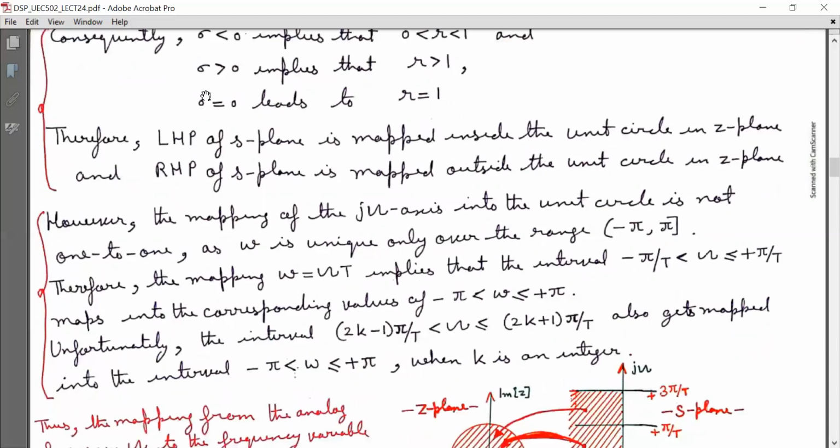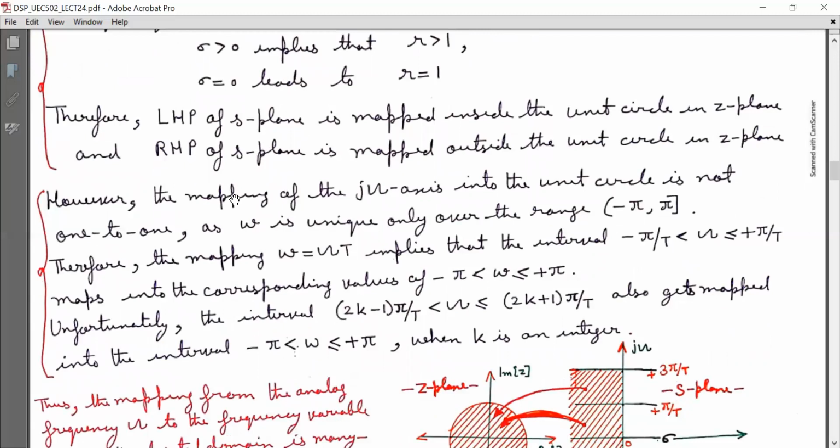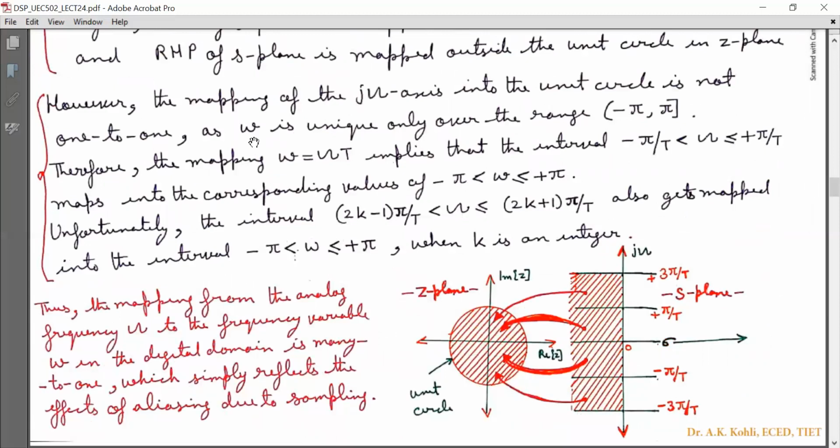Now, here if sigma is 0, it leads to r is equal to 1, that is on the unit circle. However, the mapping of the j omega axis into the unit circle is not one-to-one, as small omega, that is angular frequency in discrete domain, is unique only over the range minus pi to pi.